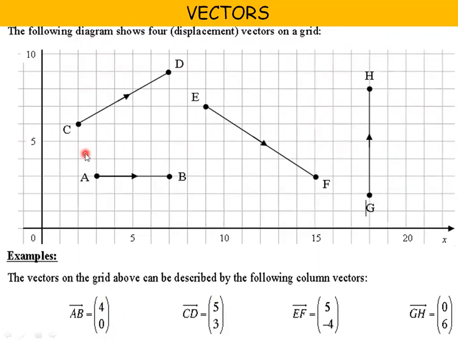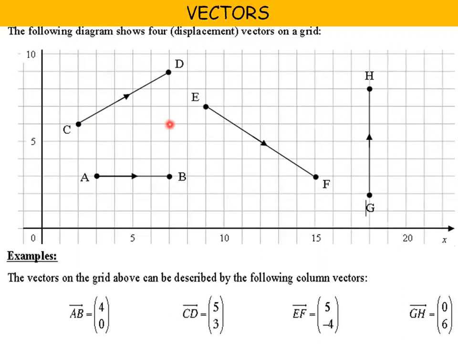So for example, I will start with the vector CD. The vector CD has a start point at C. So how many steps do we have to move in the X direction? Of course, my direction will be in this way. That will be movement to my right. So I'm going to have 1, 2, 3, 4, 5.